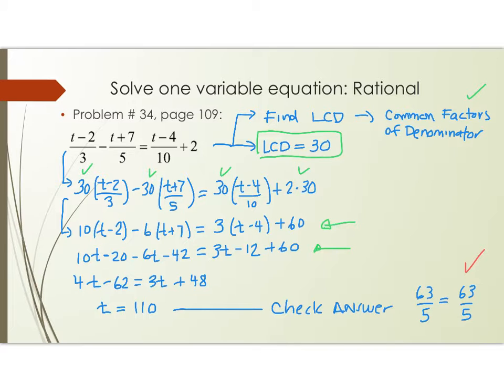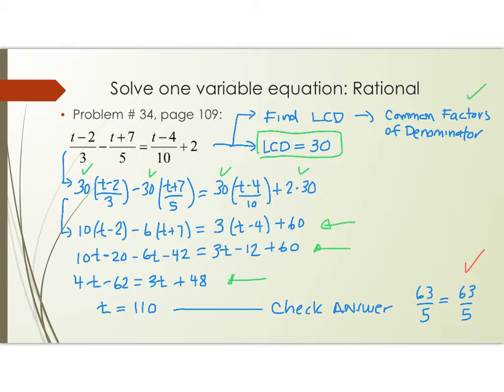Now we combine like terms, right? Whatever we have on the left side, we combine. We see it's 4t minus 62. And on the right side, it is 3t plus 48.